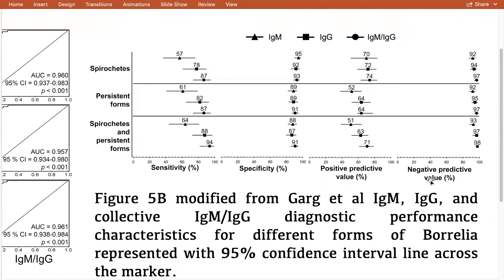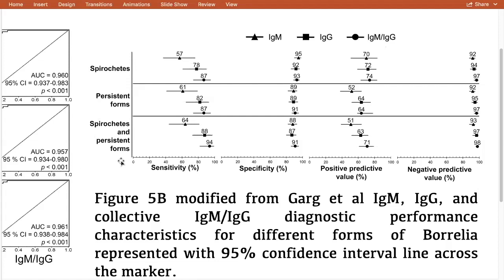And we've really segregated and looked into each and every aspect of it. So first, we're looking at IgM separately, IgG separately, and IgM and IgG together. Many diagnostic tests in the market do look at IgM and IgG together. And then on the left-hand side, we're looking at spirochetes, persistent forms, and then spirochetes and persistent forms together.